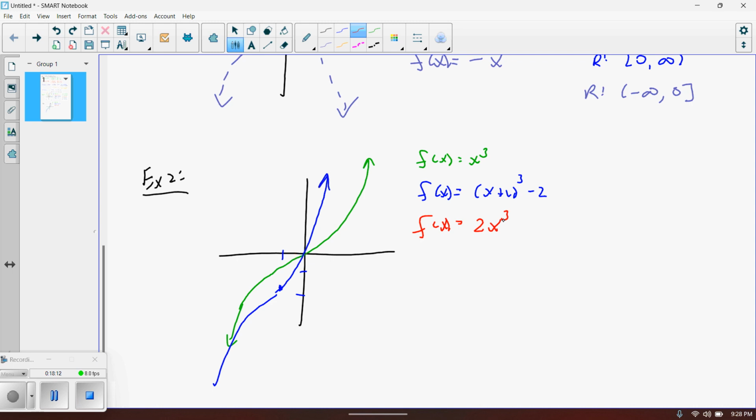Well, for the same x value, let's just say that we plugged in 1 for x. If we plug in 1 for x here, the point that we would get out would be 1, 1. If we plug in 1 for x here, you would still get the x value of 1, but now your y value would be 2.